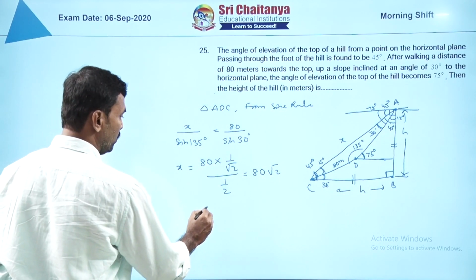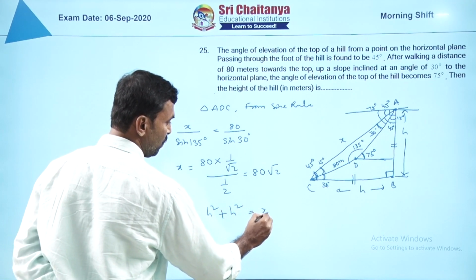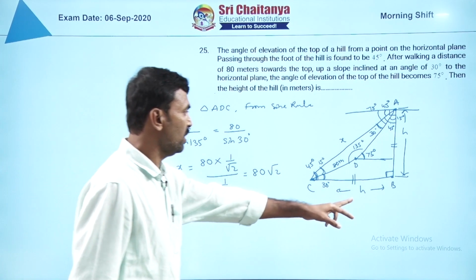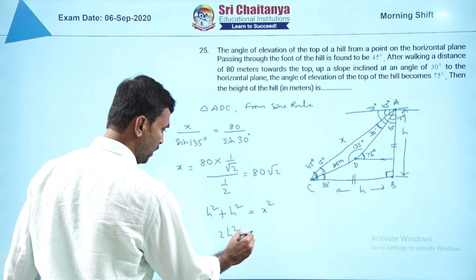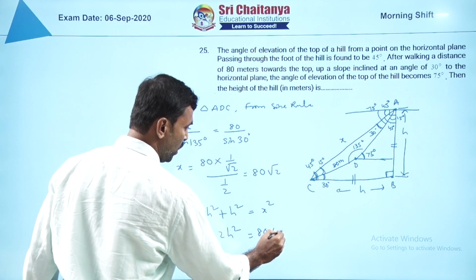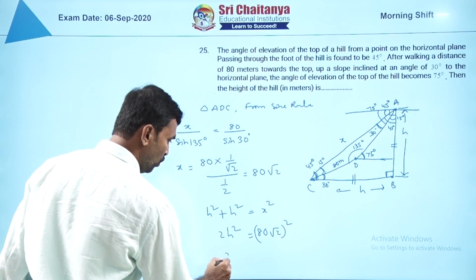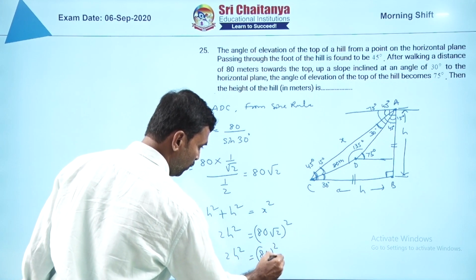So, h square plus h square is equal to x square by Pythagoras theorem. So, 2h square is equal to x square, 80 root 2 whole square. So, 2h square is equal to 80 square into 2.